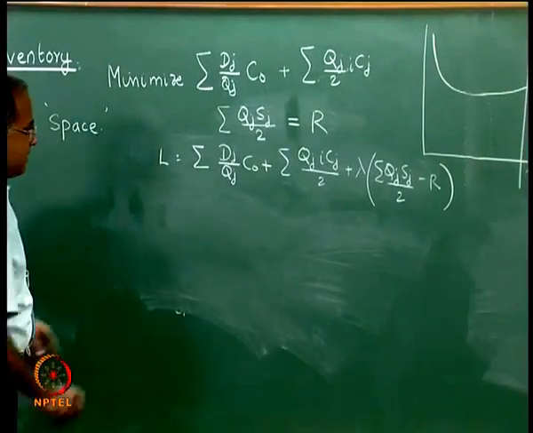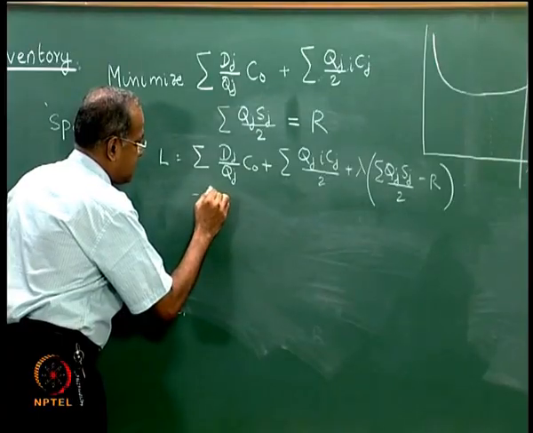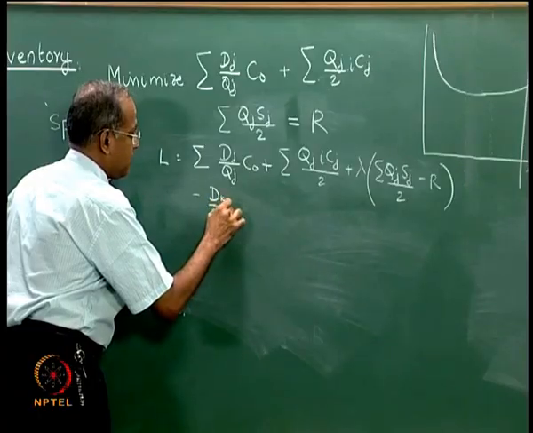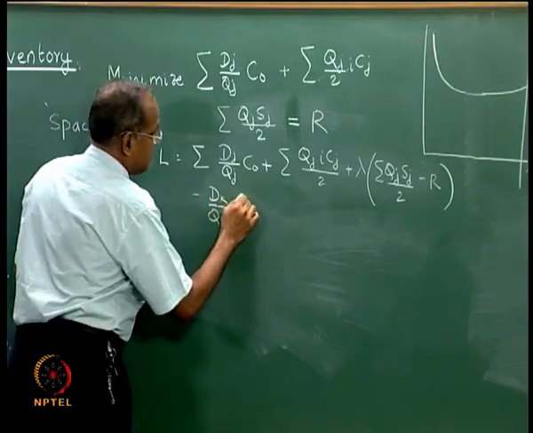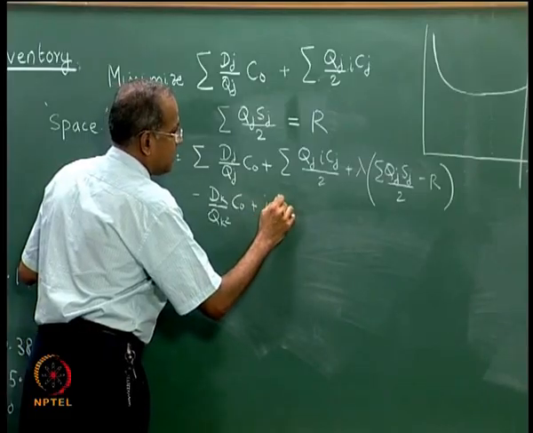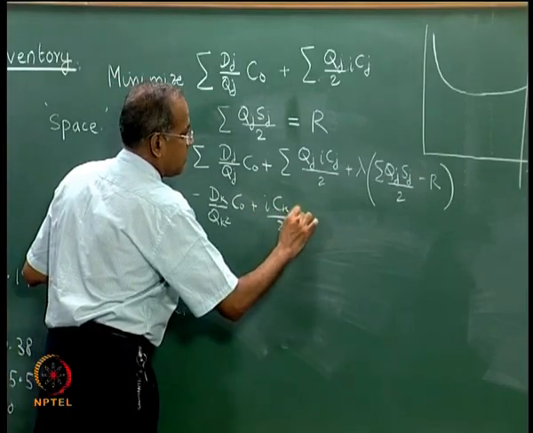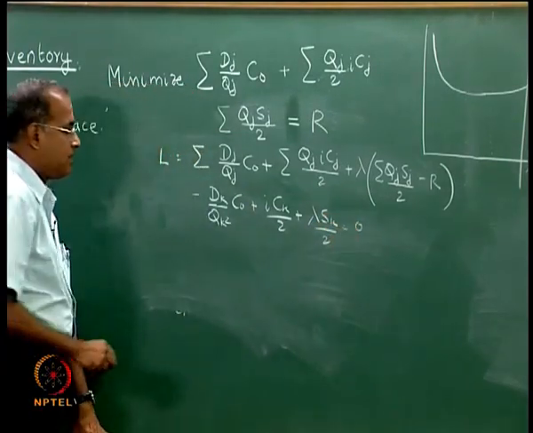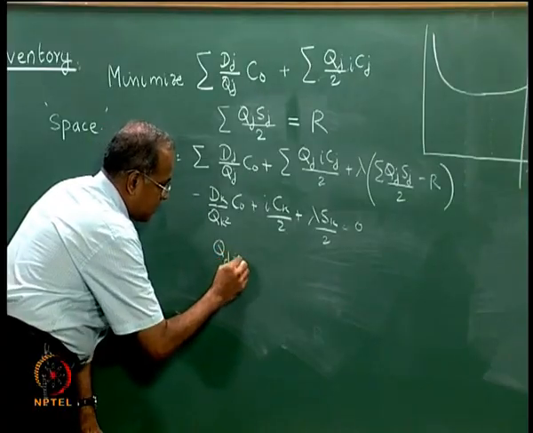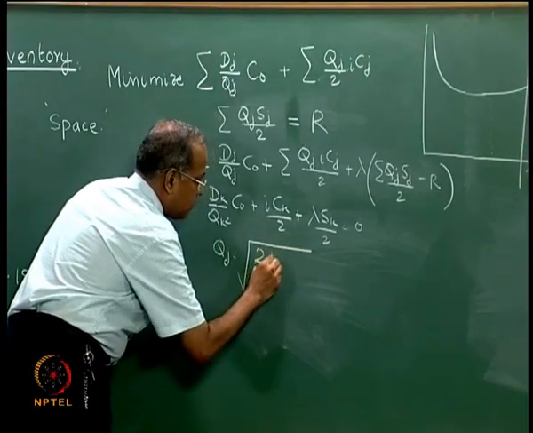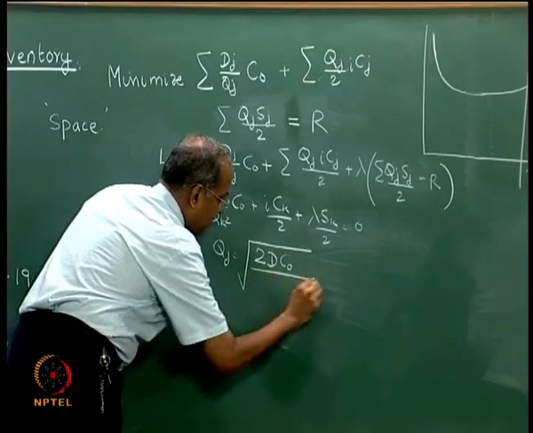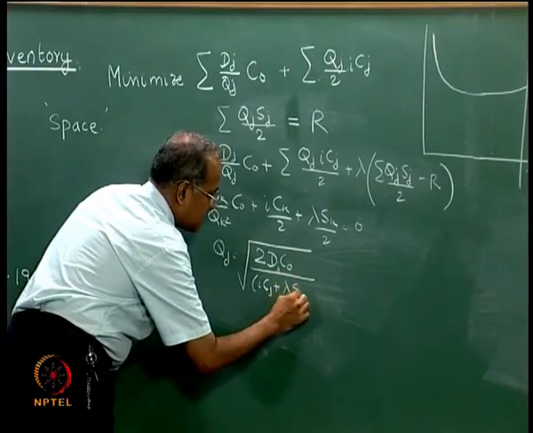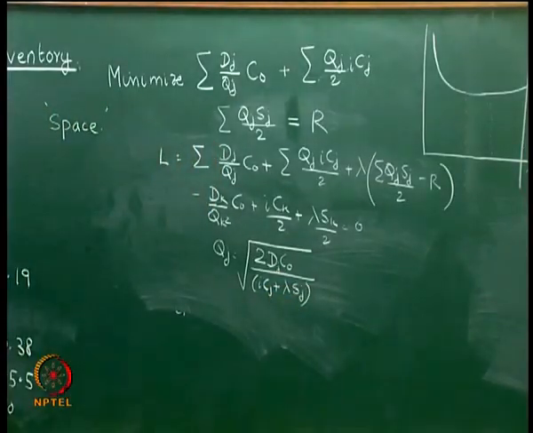Partially differentiating with respect to qj, we get minus dj by qk squared. Let us do it with some qk. For some qk, C naught plus I Ck by 2 plus lambda Sk by 2 equals 0, from which a general qj is equal to root of 2 dj C naught by I Cj plus lambda Sj.